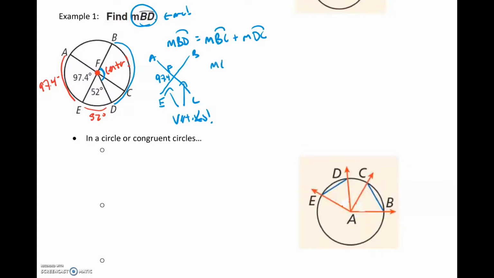So then I know the measure of angle BFC is equal to 97.4. And what do you know? The measure of arc BC is equal to the measure of angle BFC because of my definition of an arc measure. So we know that arc BC is 97.4. So we're halfway there. So all I really have left is to find the measure of arc DC.